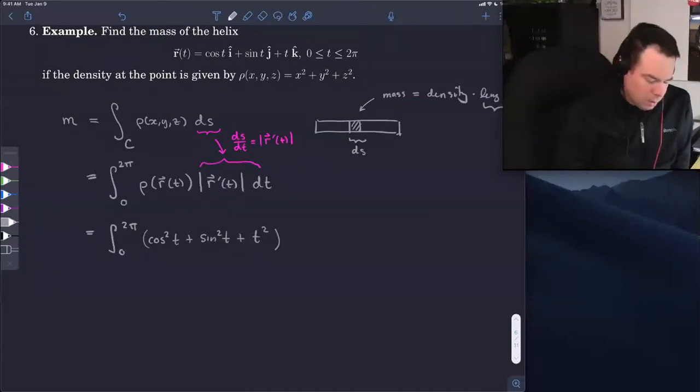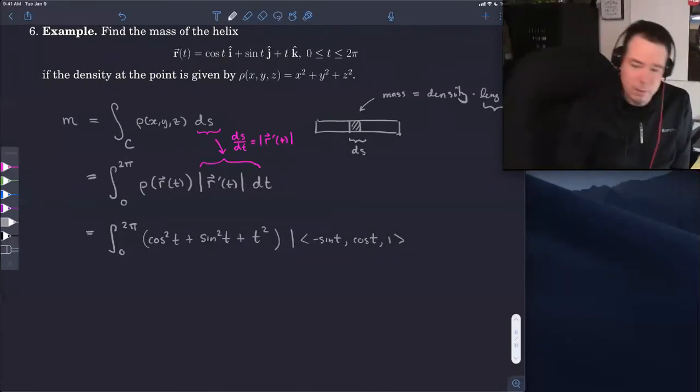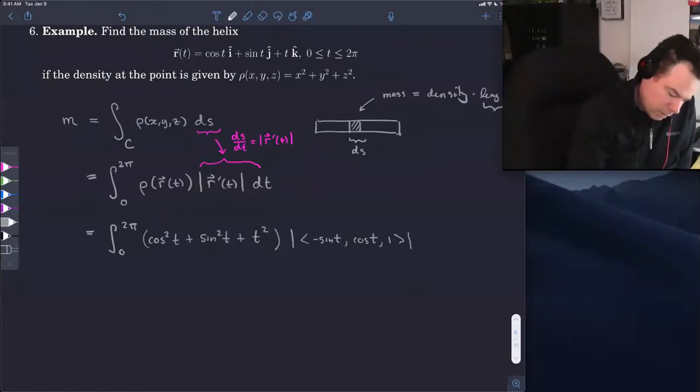So that's rho of r of t, basically r of t plugged into rho, times the magnitude of r prime of t. We'll write down what r prime of t is. It's negative sine t, cos t, and 1. That's the derivative of r. We're taking the magnitude of that, and that's by dt.